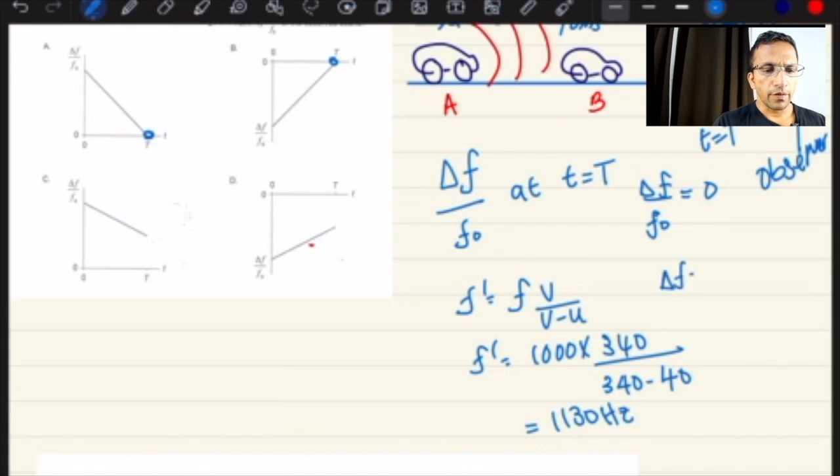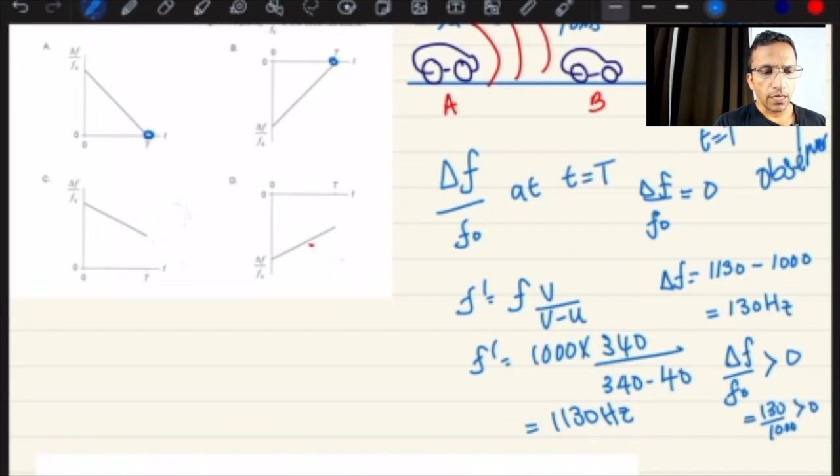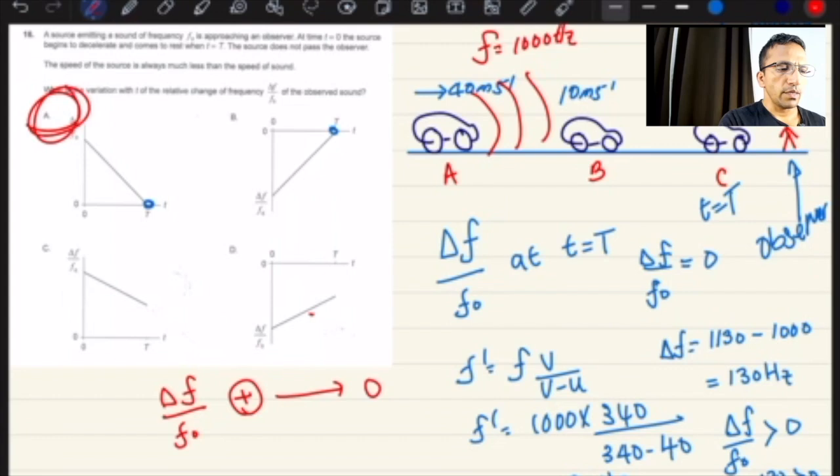So delta F equals 1130 minus 1000, which is 130 Hertz, right? So delta F over F naught should be a positive number because it is 130 divided by 1000. It's more than 0, right? So what I'm trying to say here is, if I go to the left hand side, delta F over F naught should be positive and getting closer to 0. So that answer is only available in option A.